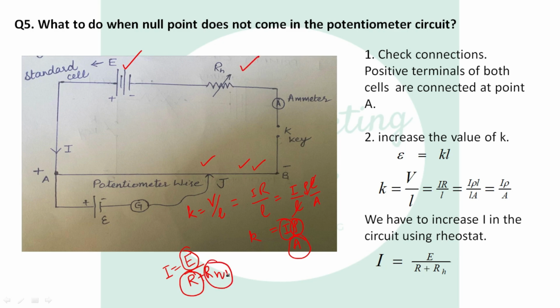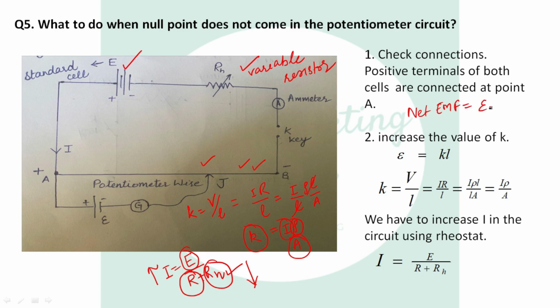If we decrease this value, the current will increase. What is a rheostat? A rheostat is a variable resistor, so we can increase or decrease the resistance here. By decreasing the value of RH, the current will increase in the circuit and the value of K will increase. And what is the net EMF?